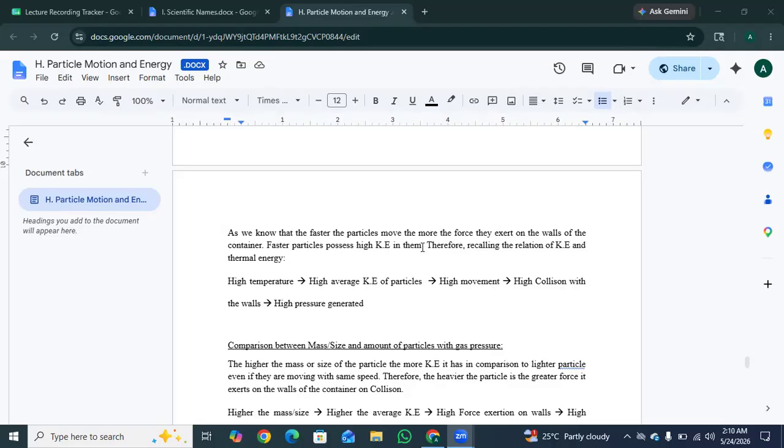When you heat a gas, it creates a direct chain reaction: high temperature leads to high average kinetic energy of particles, which leads to high movement, high collision with the walls, and then high pressure generated. Okay, so now the comparison between mass, size and amount of particles with gas pressure.